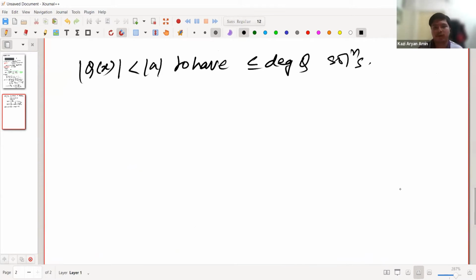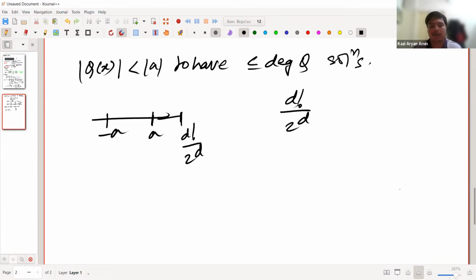Right. So suppose this was your interval, minus a to a, right? And you chose d factorial by 2 to the power d such that this mod value is greater than a, basically, right?